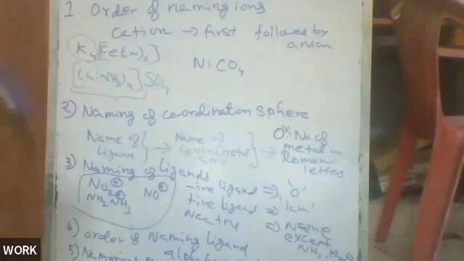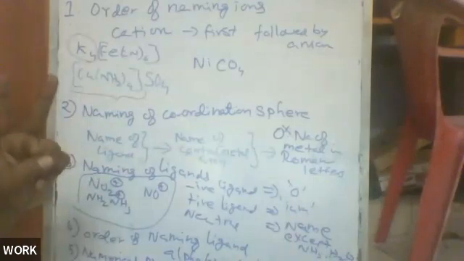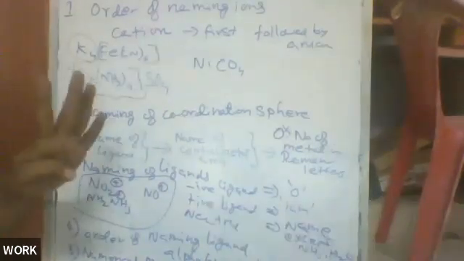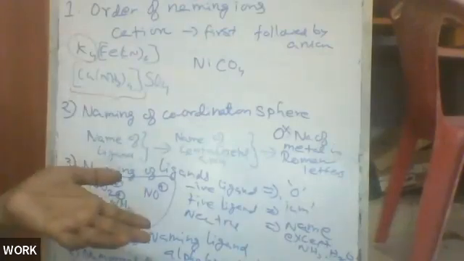For a monodentate ligand, whatever number comes, you can indicate di, tri, tetra, penta, hexa. If you have a bidentate ligand, for example ethylenediamine, then the naming changes: 2 is bis, 3 is tris, 4 is tetrakis, 5 is pentakis, 6 is hexakis. This is the naming for bidentate or polydentate ligands.